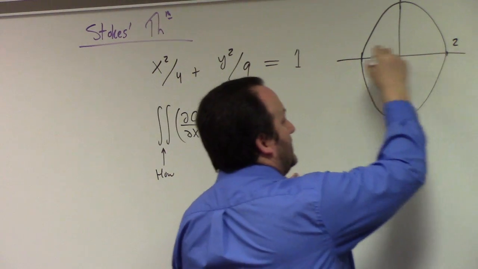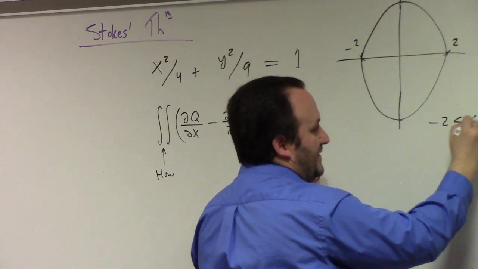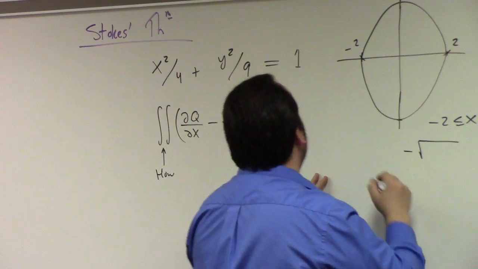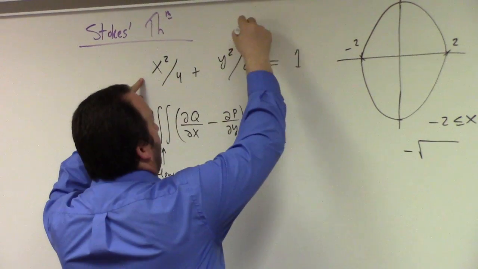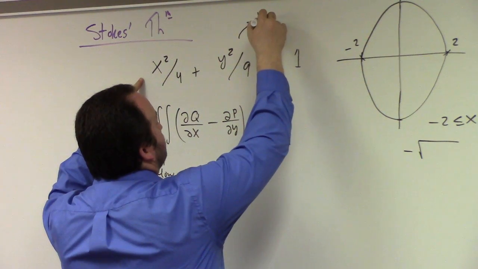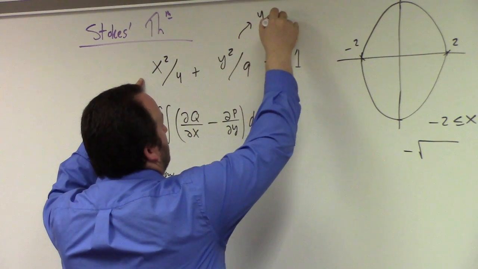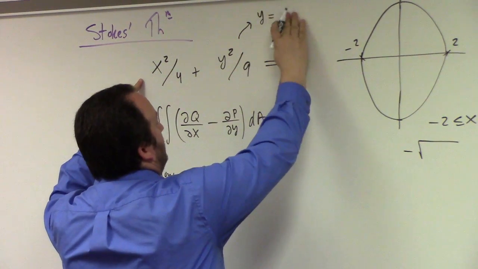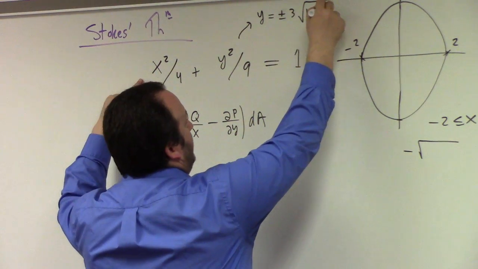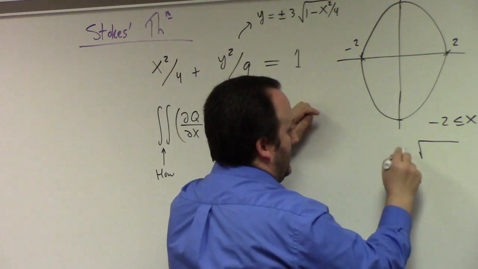So this is 2, this is minus 2, and we have minus 2 less than or equal to x less than or equal to 2, and we have minus the square root of, let's see, solve this for y. y is equal to plus or minus 3 square root of 1 minus x squared over 4, yeah?